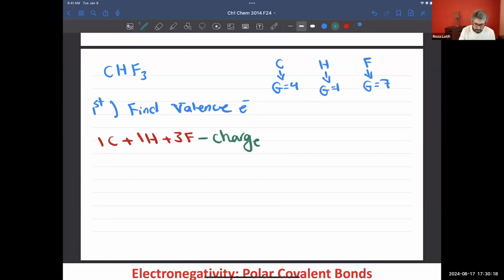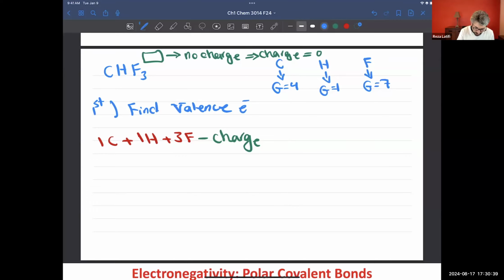Where is the charge? The charge is supposed to be here. Okay, no charge. No charge means charge equal to 0.